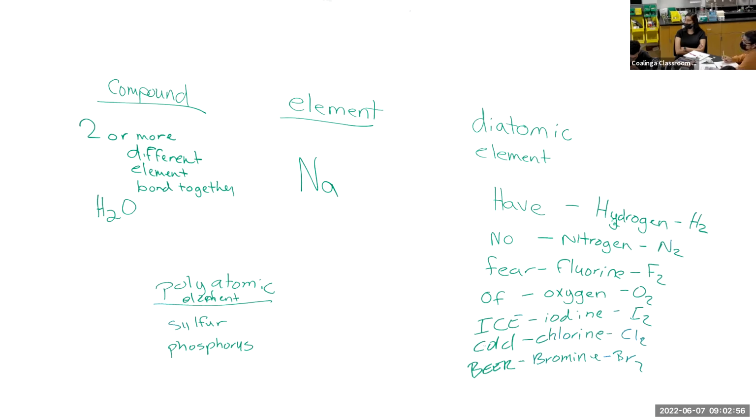A mixture, right? Or we would call it a solution. So if we have two different compounds brought together that are not reacting with each other, that's going to be a mixture. And that's going to be the key.